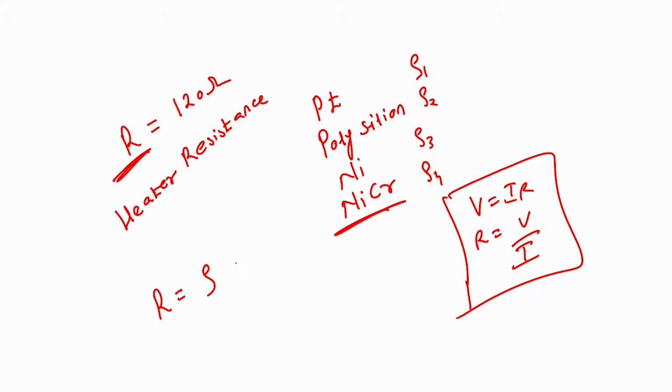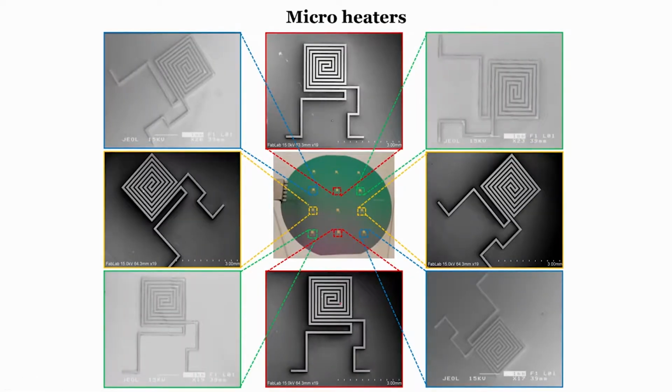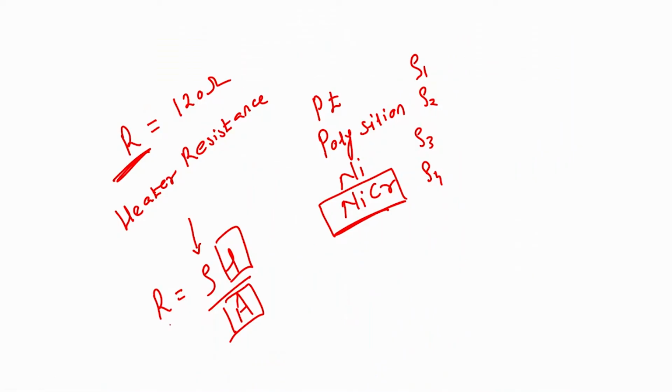For a resistor, our equation would be R equals rho into length by area, correct. I now know the resistivity because I have selected a particular material. Length I can play with, and so is the area, right. I will decide the number of turns and the area that a heater will cover, and depending on that I will have a resistor value.